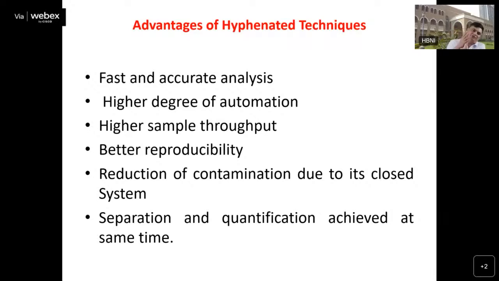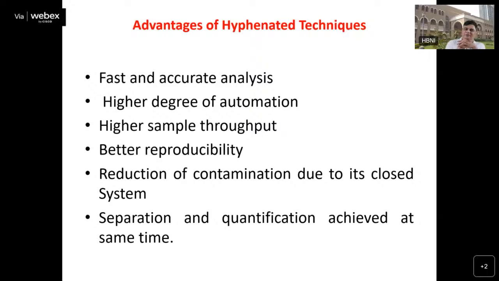There are various advantages associated with the hyphenation technique. They are fast and accurate. A high degree of automation is possible. The sample throughput is very high compared to individual techniques, and the reproducibility is also multifold better compared to single ones.